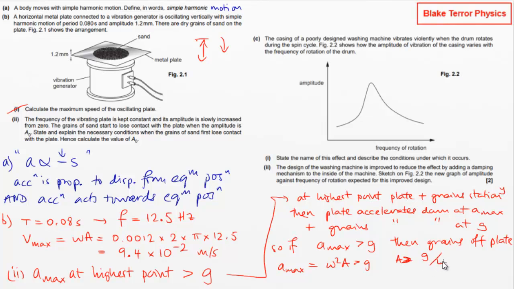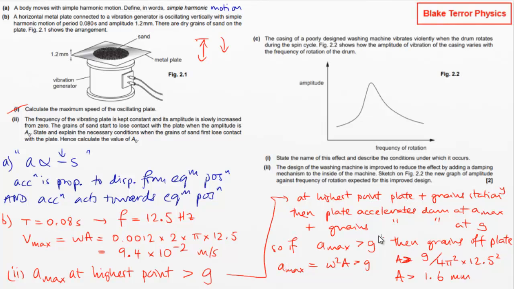So that's g over 4 pi squared times 12.5 squared. So taking 9.81 for g, we're going to get that A has to be greater than 1.6 millimeters, give or take. So if A is greater than that, then everything is fine.